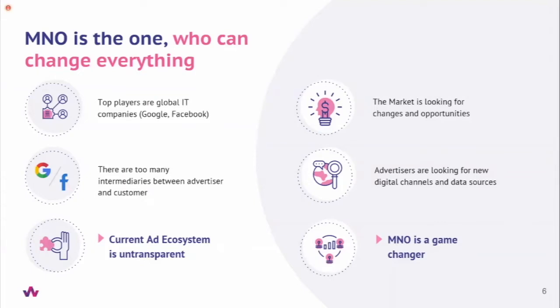First of all, what are advertising technologies? How does this ecosystem work? There are a lot of huge IT companies in this market, like Google, Facebook, WhatsApp, WeChat, and so on.